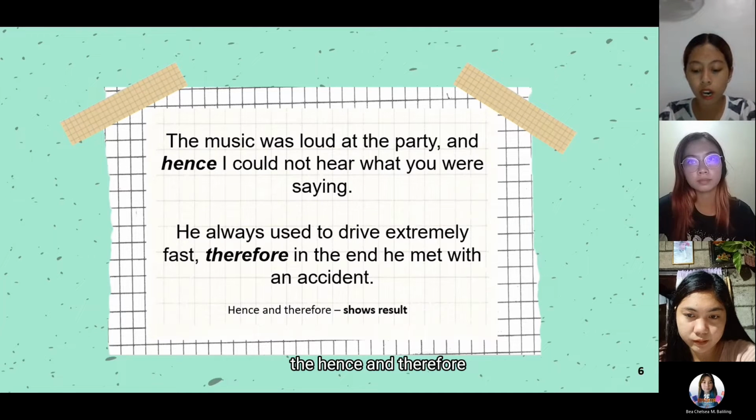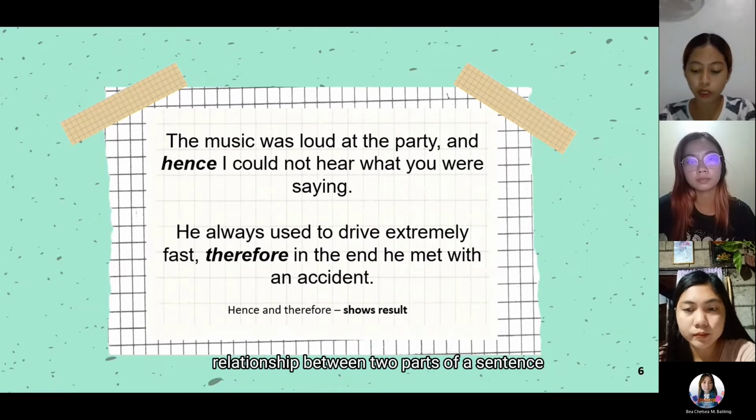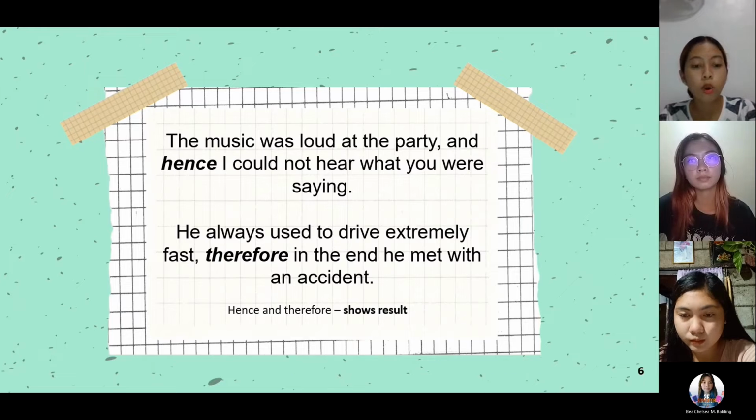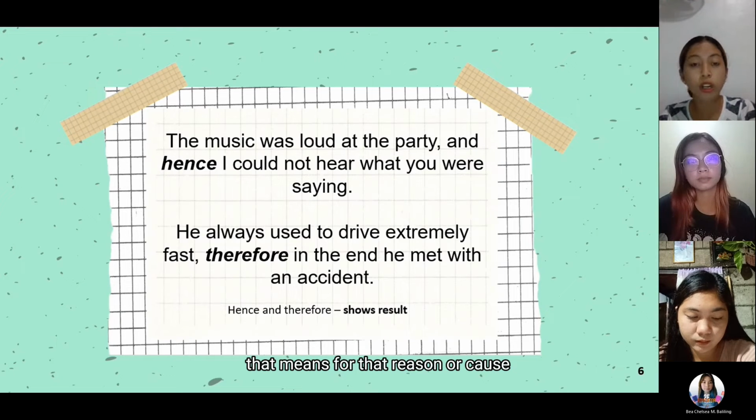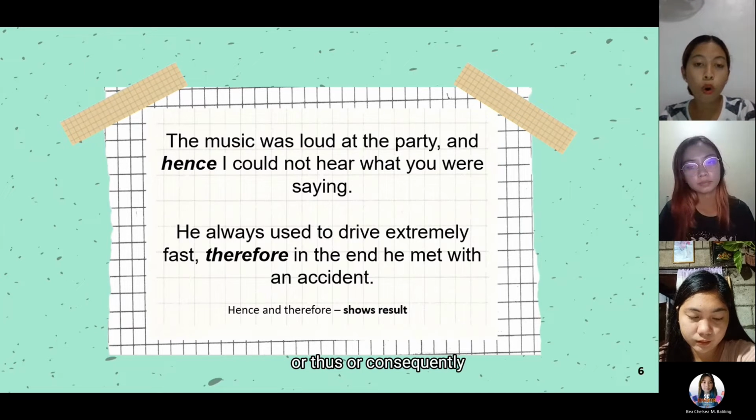Hence is typically used in a sentence to show a cause and effect relationship between two parts of a sentence, while therefore is a conjunctive adverb that means for that reason, thus, or consequently.